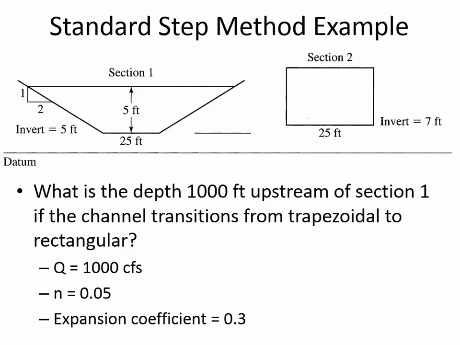And the wetted perimeter will be 25 plus 4.472 y sub n. And what I did there is, here it's the square root of y squared plus 2y squared. So that is equal to 4.472 y sub n.